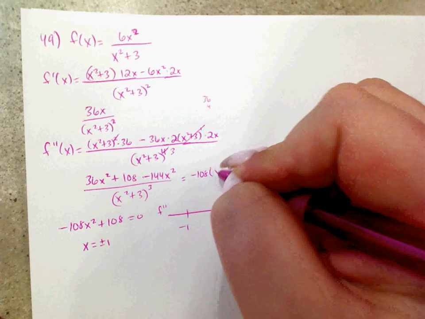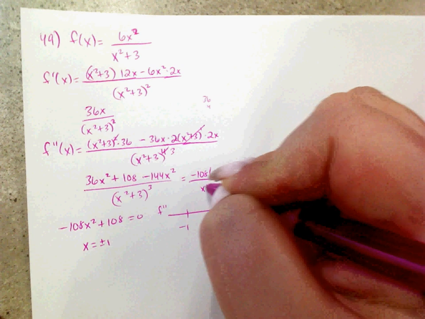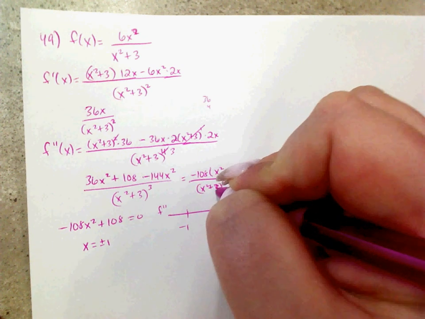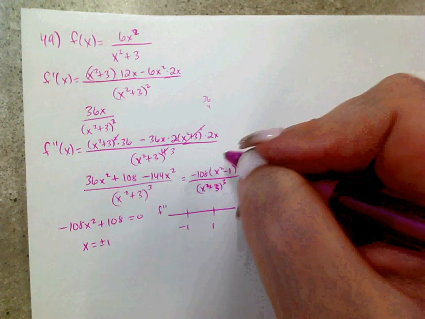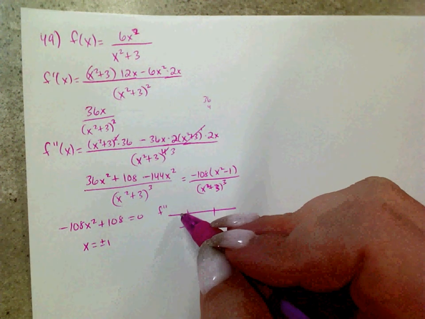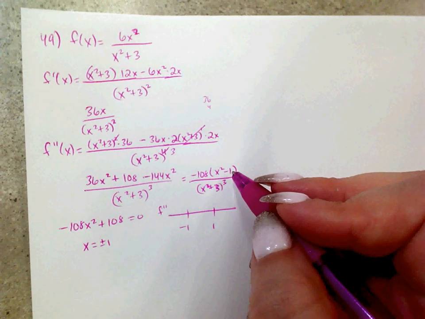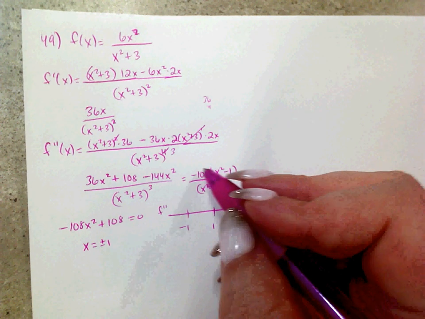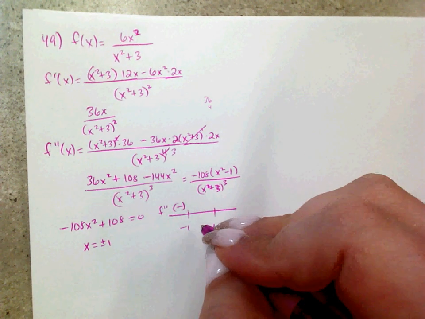Okay, so when I plug in numbers, I can plug it into the factor formulas. When I plug in negative 2, squared is positive 4 minus 1 is positive. That's times a negative, and the denominator is always positive, so negative. If I plug in 0, I get negative times a negative, that's a positive, and the denominator is always positive. If I plug in 2, I get positive times a negative divided by always positive.